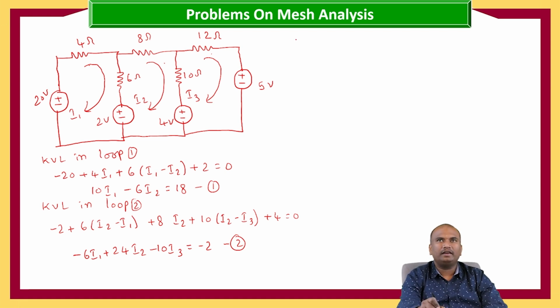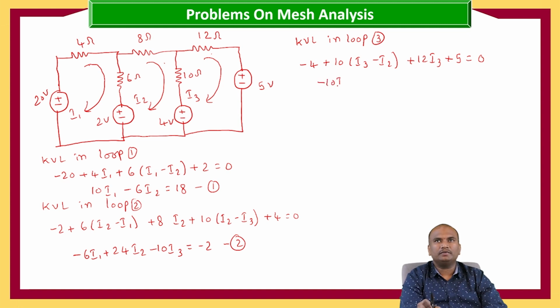Now let us write the KVL in loop 3, that is minus 4 plus 10 into I3 minus I2 plus 12 into I3 plus 5 equals to 0. That is equals to minus 10 I2 plus 22 I3 equals to minus 1. This is our equation number 3.